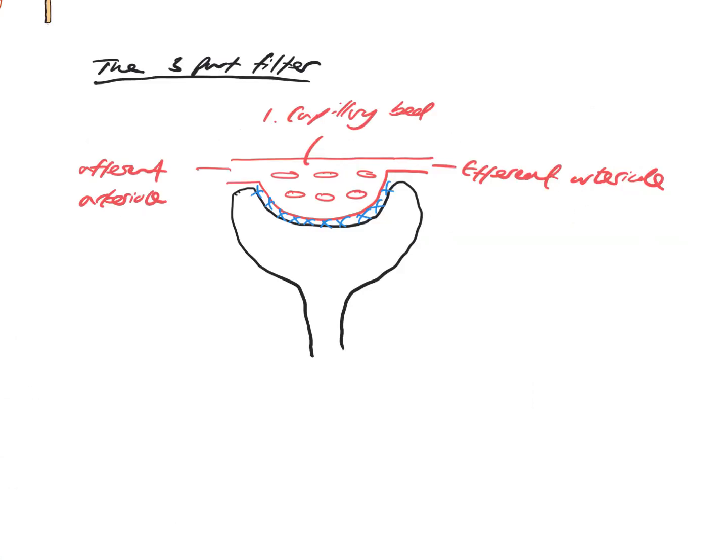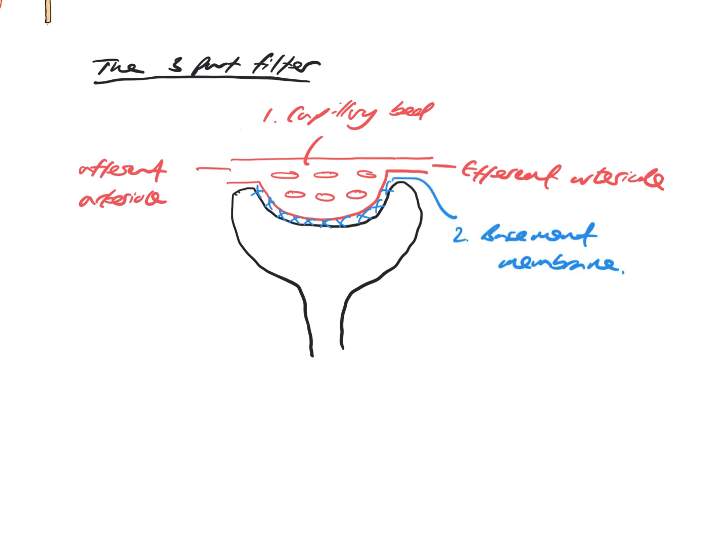So I'm going to detail each of the parts one by one, but I will give you a brief overview first. So we're seeing here at the moment the first part of that filter, which is at the glomerulus at the capillary bed, where, as we've just mentioned, there is a build-up of pressure that has occurred due to the wider afferent arteriole and narrower efferent arteriole leaving the glomerulus.